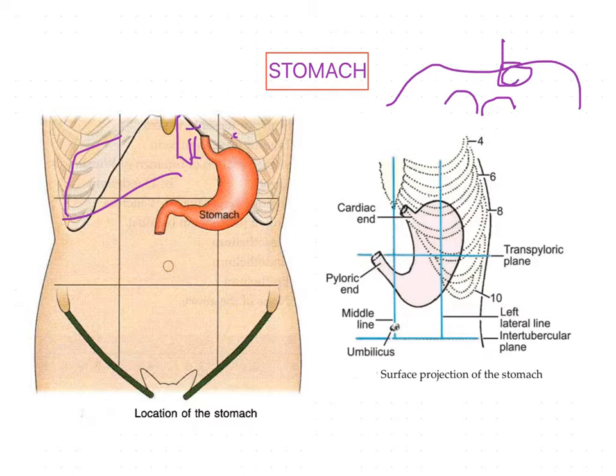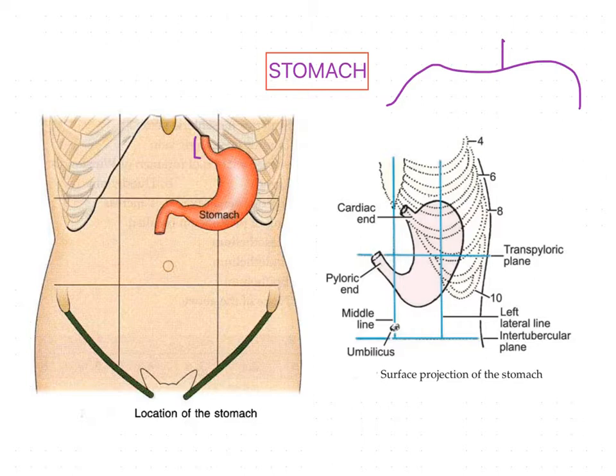Now we will go on to discuss the stomach. The stomach is a muscular organ, a bag, forming the widest and most distensible part of the digestive tube.